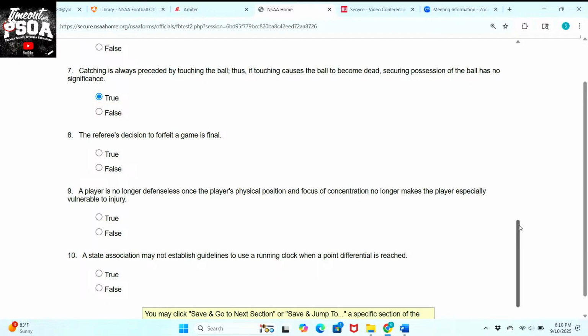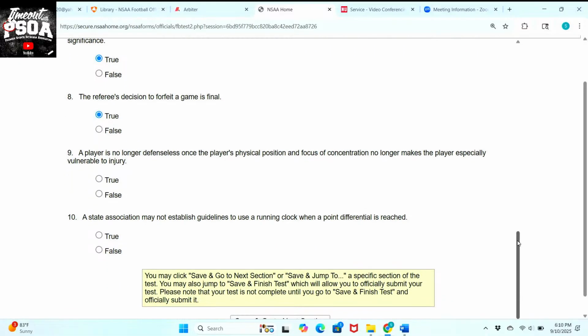Does anyone have anything different than that? I'm going to go true as well. I believe we've had that before. Yeah, it's been true before.